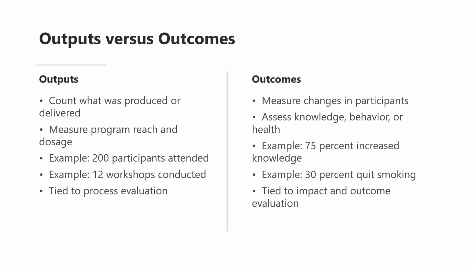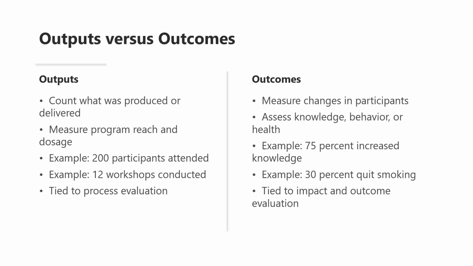They can be medium-term, such as 30% of participants quit smoking within 6 months, or they can be long-term, such as the community experienced a 10% reduction in cardiovascular disease mortality over 5 years. Outcomes are linked to impact evaluation and outcome evaluation.